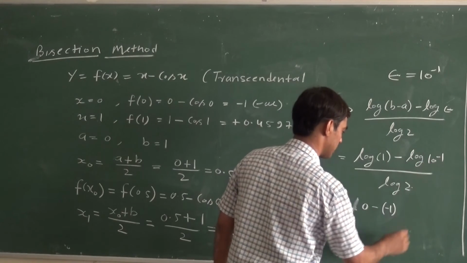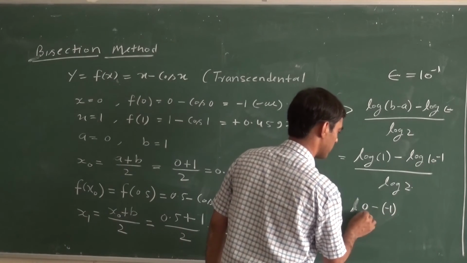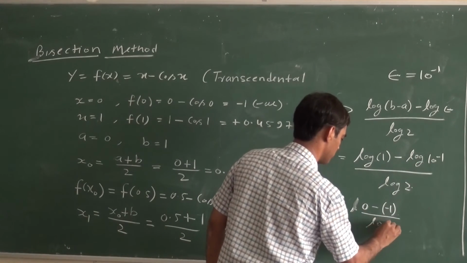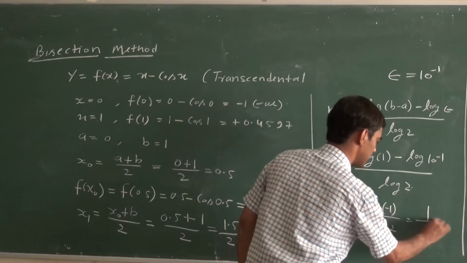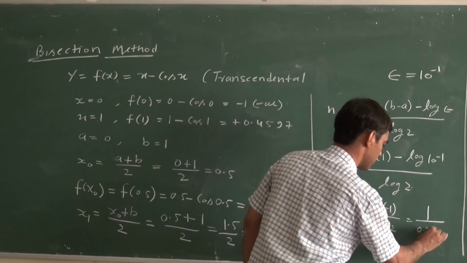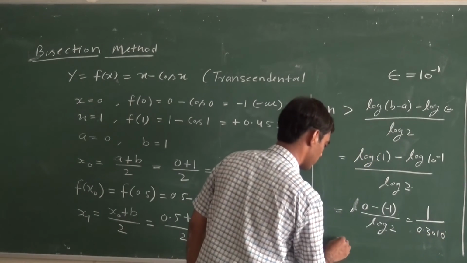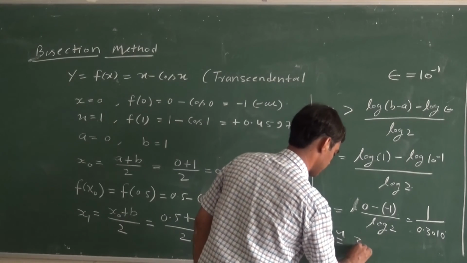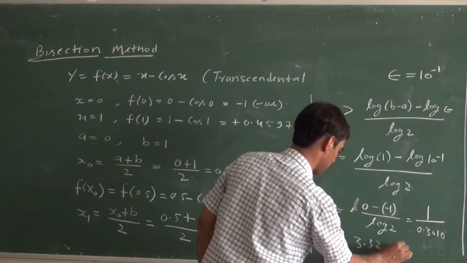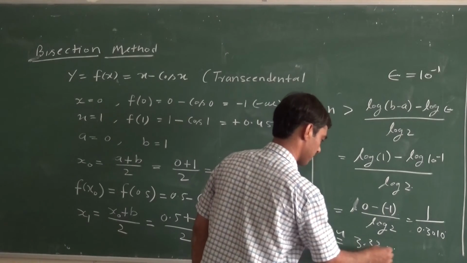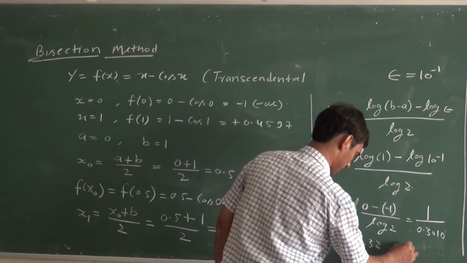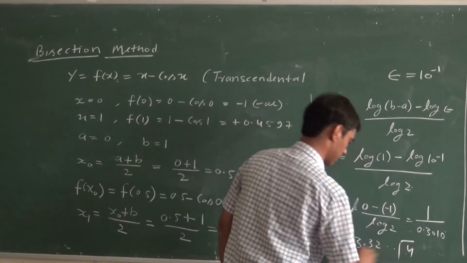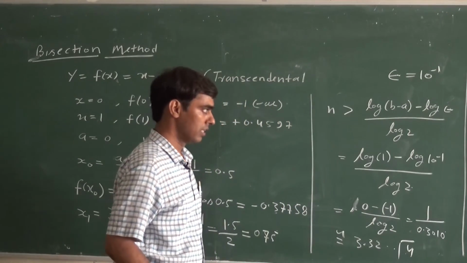The value of log 10 is 1. So this is divided by log 2, which is 1 divided by 0.3010, almost 3.32. So the equivalent integer value is 4.